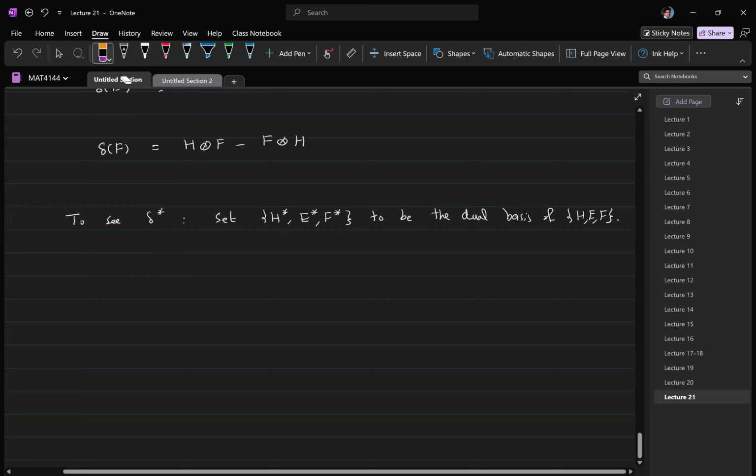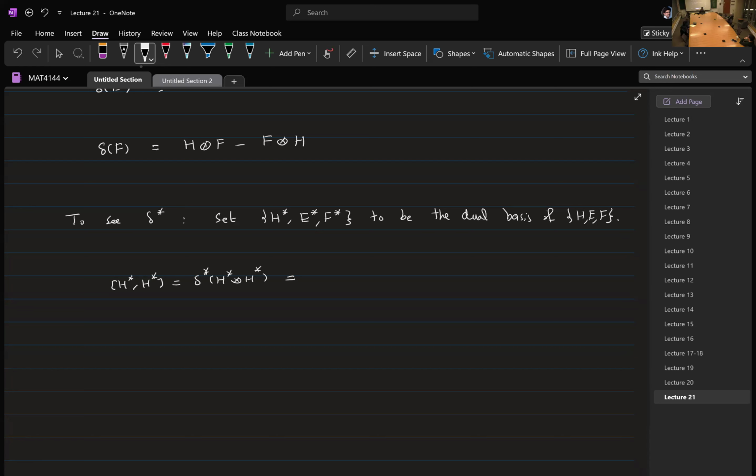Maybe I should write it like this. This is delta star of H star, H star. Okay, what should it be? I should evaluate this at different elements of G to see what element of G star I got.